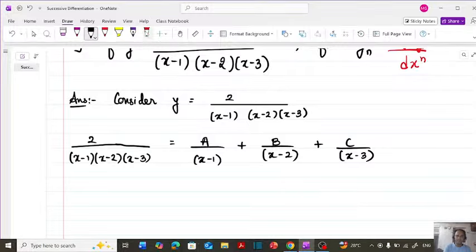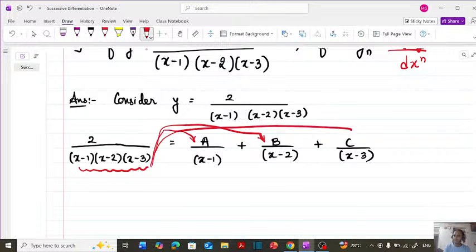After doing this, you have to multiply the denominator to each numerator.